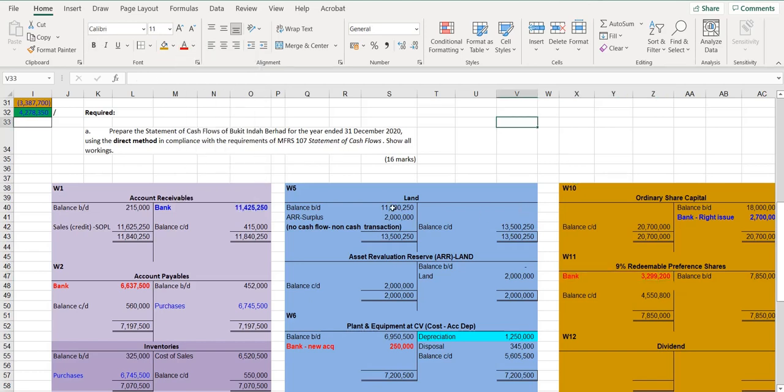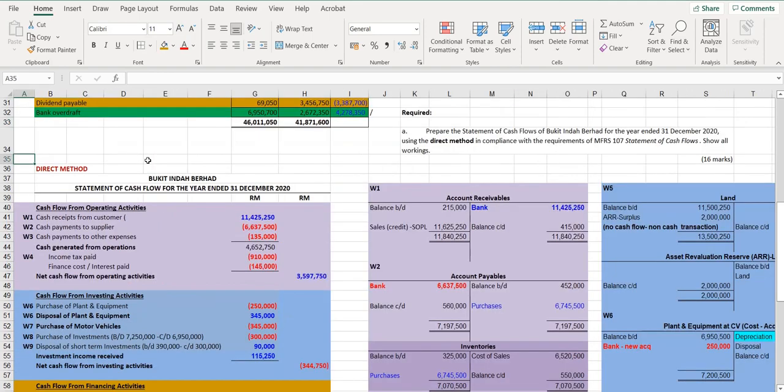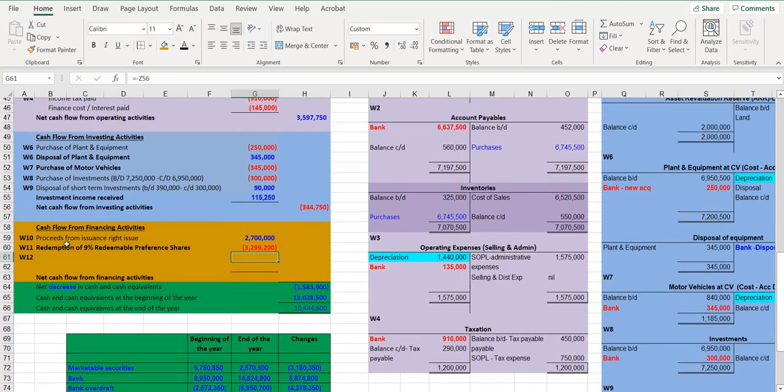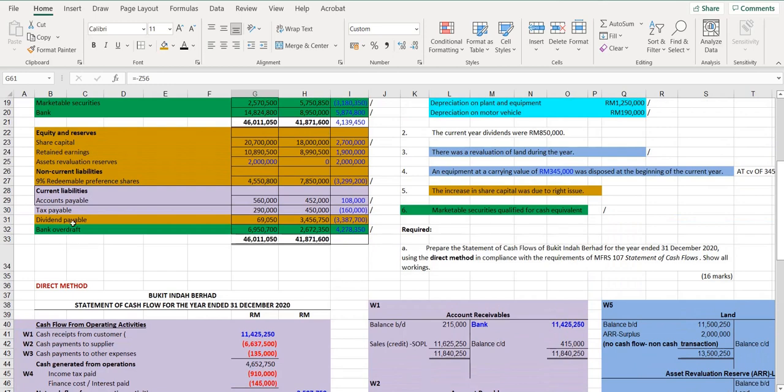The payment was made, so that payment on redemption will be put here. Okay, that is the payment. For the redemption of preference shares, the payment on redemption was 3,299,200, an outflow.